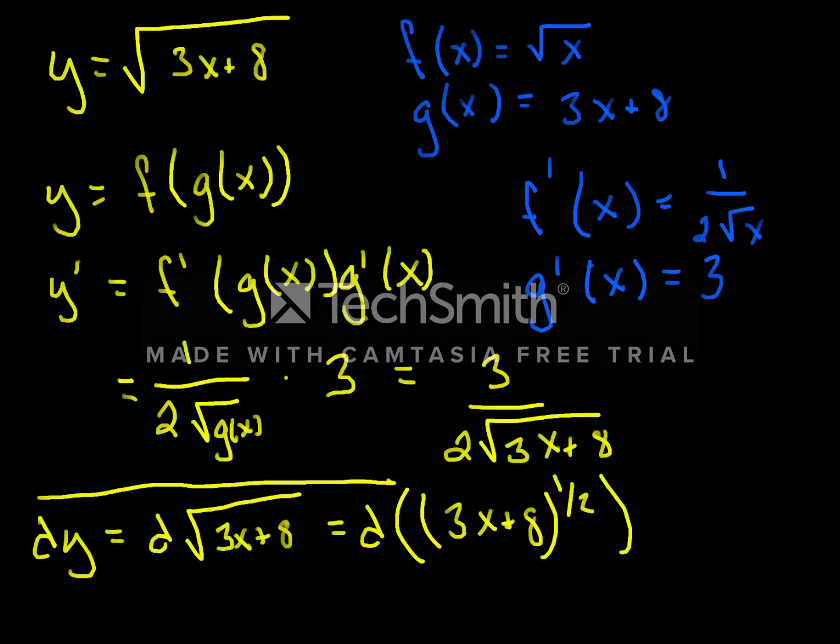Now, power rule says that the exponent comes down, becomes our coefficient, and we reduce the exponent by 1.